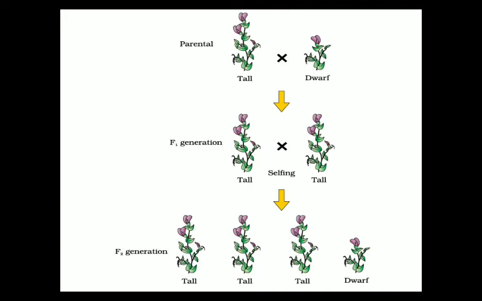So the cross was made between a tall plant and a dwarf plant, but none of the progeny in the F1 generation was dwarf. Only the tall trait is able to express itself. So the tall stem height is the dominant trait over the short stem height. This is the law of dominance.